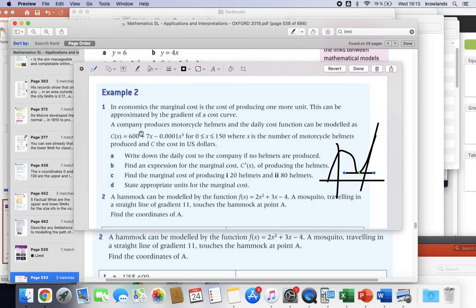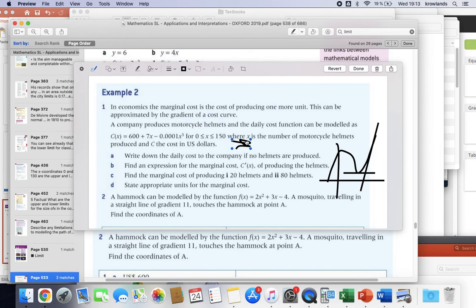So it then continues, and you might want to pause the video, to write down the daily cost to the company if no helmets are produced. So it says above that the daily cost function is C of x, where one variable x will represent something and then C of x will represent something else.